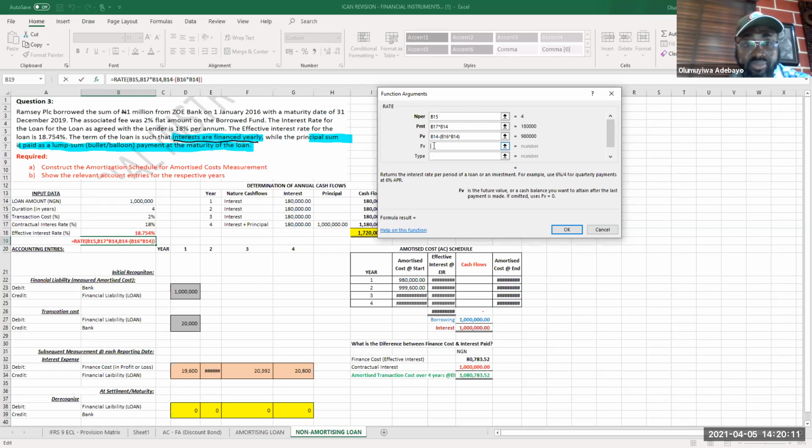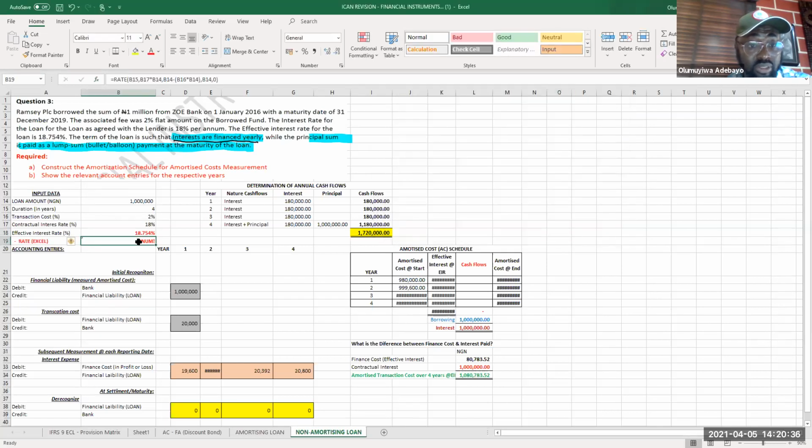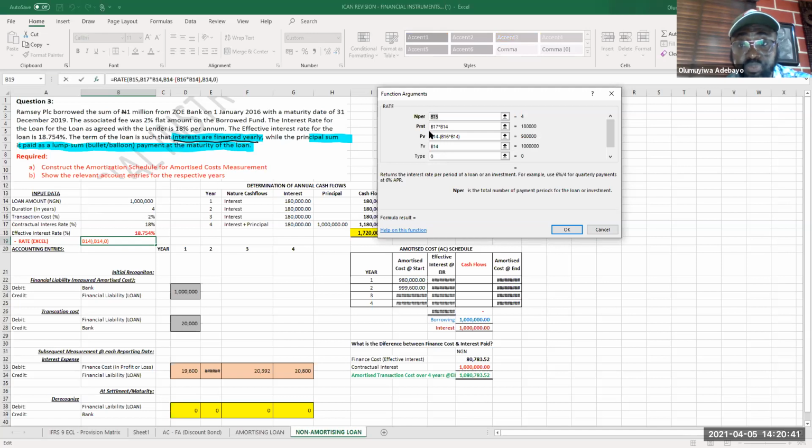The future value is 1 million because once I pay interest only, I'll be left with principal to be repaid at maturity. And what type of loan is it? The one where I pay interest at the end of each period, which is a 0. Okay, I didn't put negative where it's supposed to be.